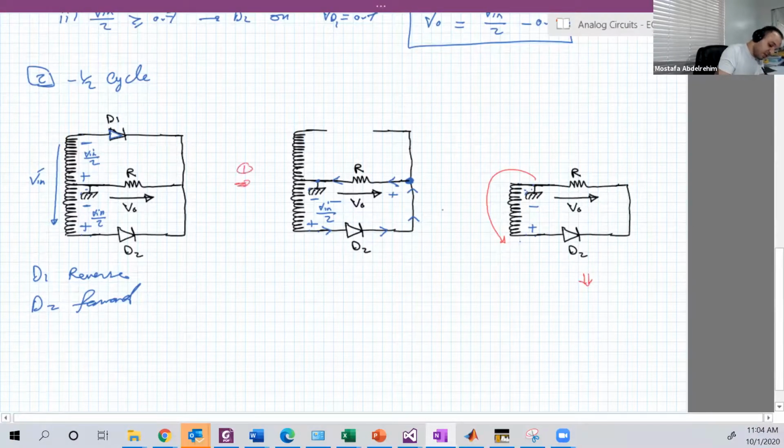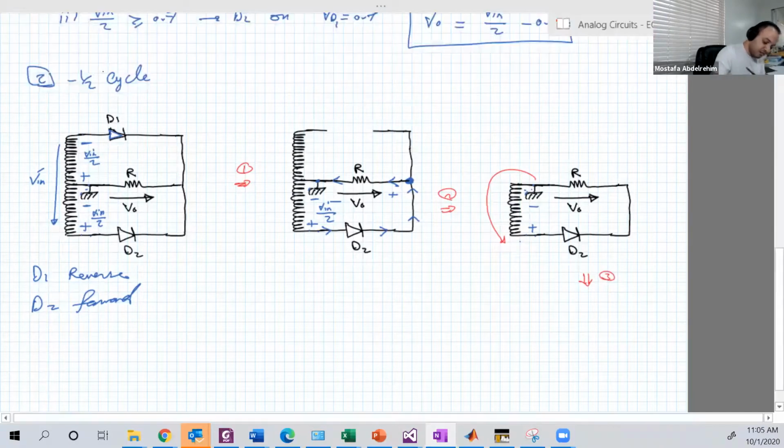This is number 1, this is number 2, this is number 3. This is actually the last modification we're going to do. D2.